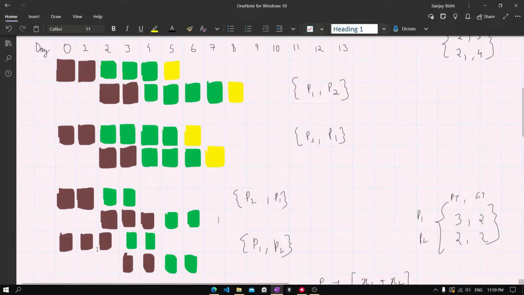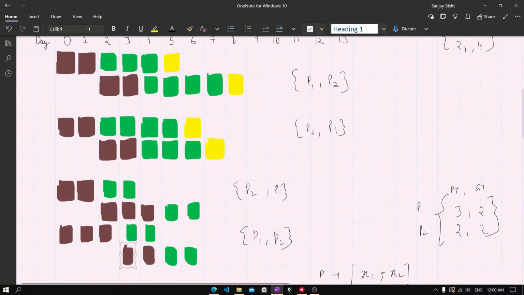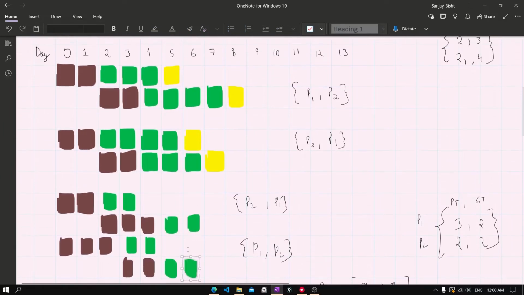And similarly, if we follow the other order, both of them are finishing at the same time. That means the plant time does not affect the answer at all. We are just considering the grow time.